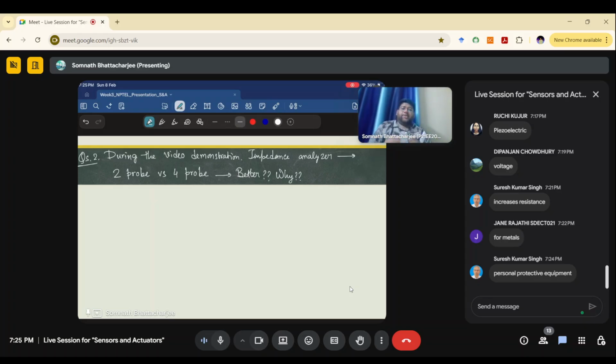So which one is the better process, a two probe or a four probe one, and why is it the better one?